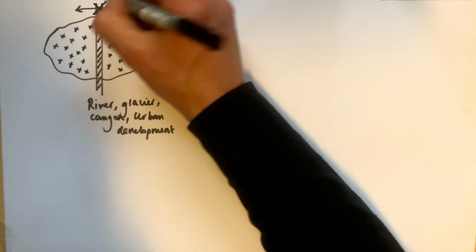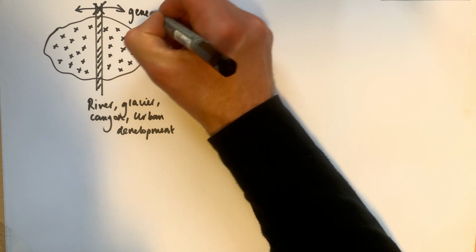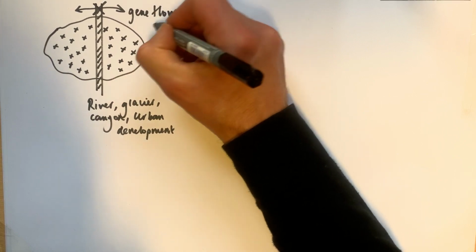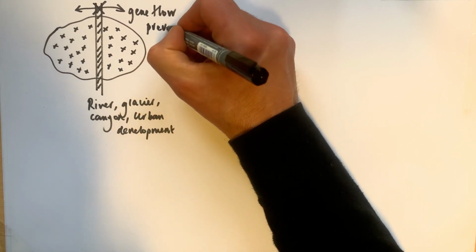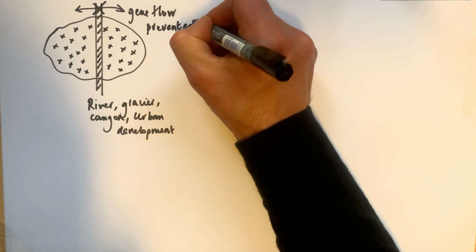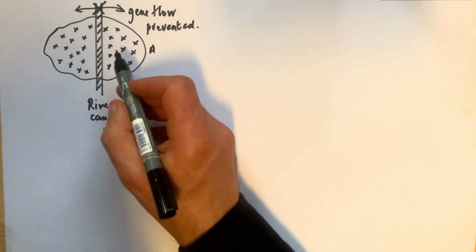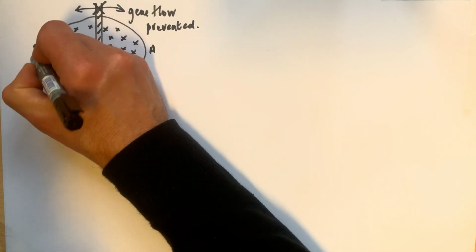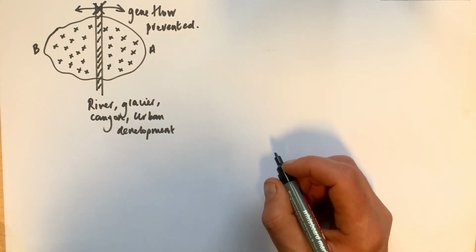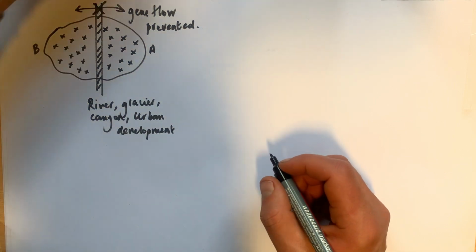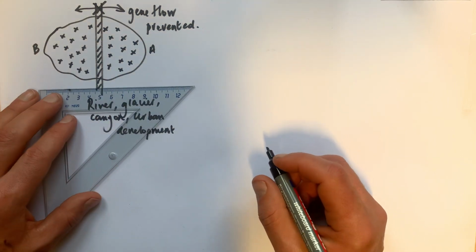But what we're saying is gene flow is prevented. And what that means is physically the individuals, and I'm going to call this population A on the right, cannot interbreed with the individuals of population B on the left. So they're geographically isolated by a physical barrier.